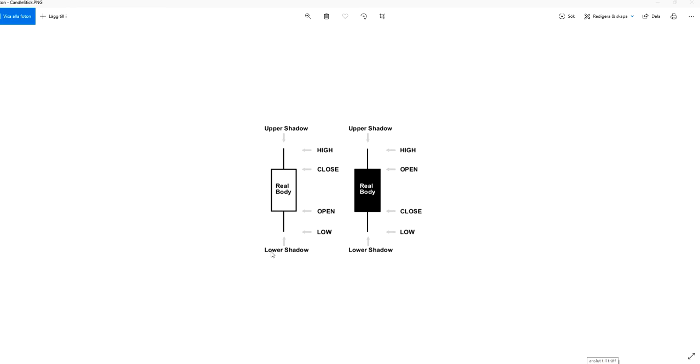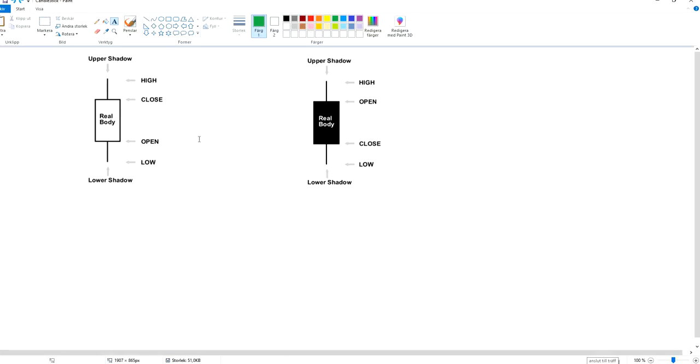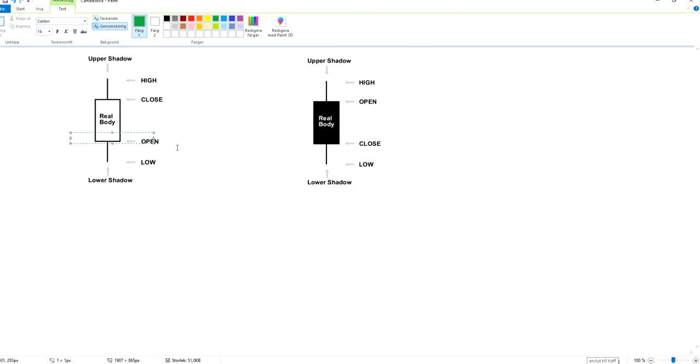So we have something called lower shadow, low, open, close, high, upper shadow, and the real body. So let's look at Paint and try to explain what this means. This means that the price opened here, at $10.